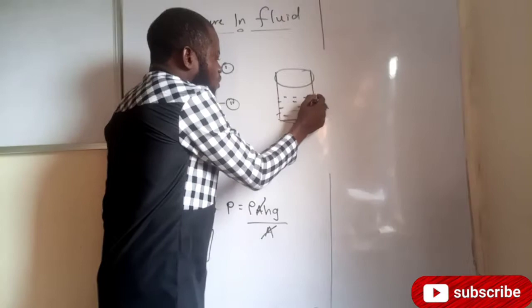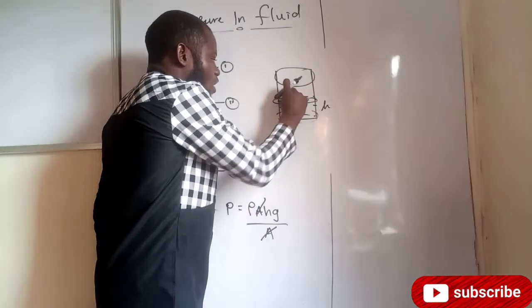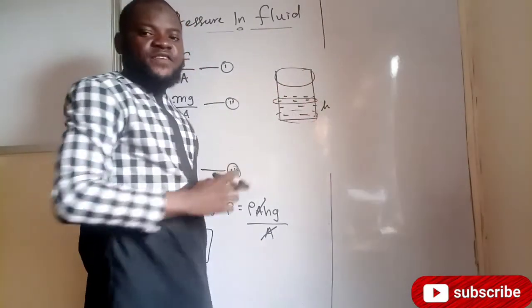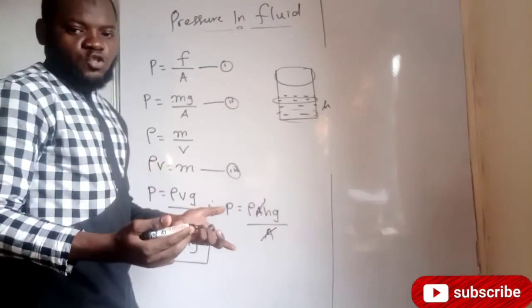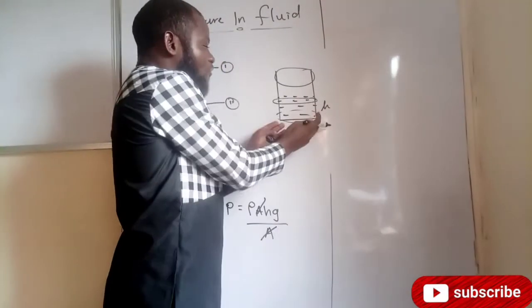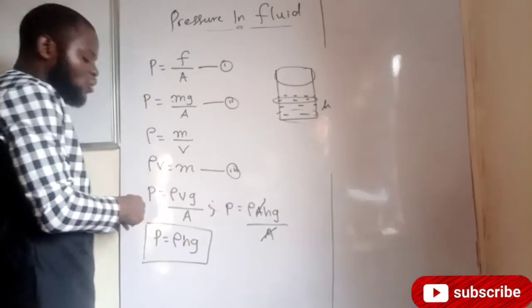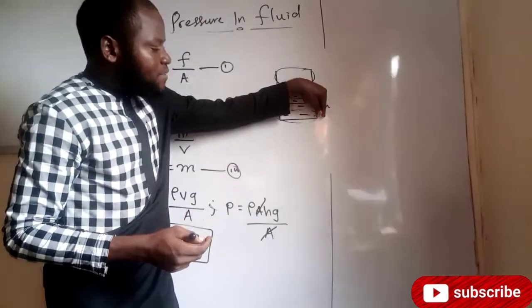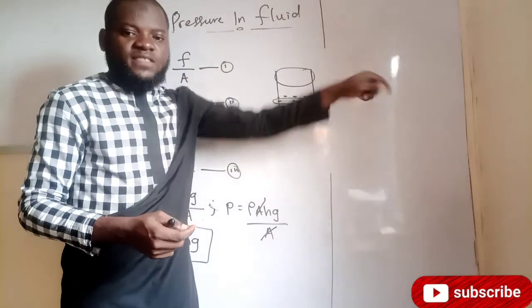Unlike if I only want to consider the pressure here, the only force I will consider is just the one at the top of it, which is not as much as when I'm considering everything here. And you know that if force should increase, pressure would also do what? Increase. That shows that as you go downward, the number of molecules increases. As the number of molecules increases, the pressure also what? Increases. That is why we said that depth increases what? Pressure. That is, pressure increases with depth.